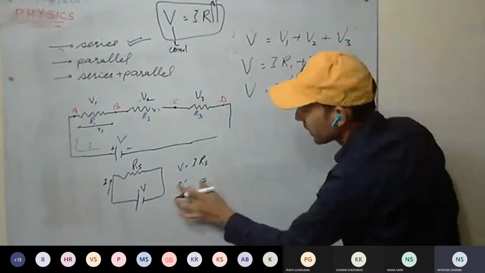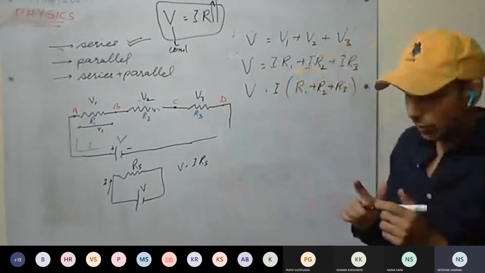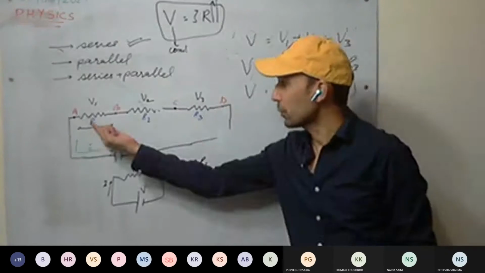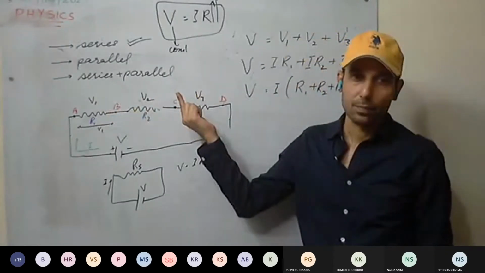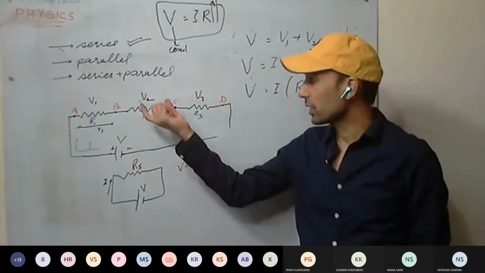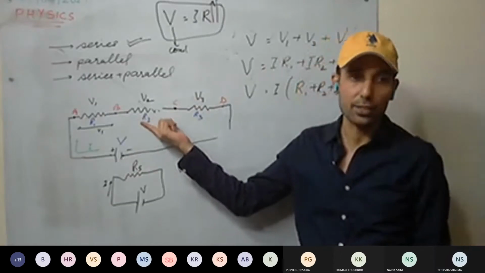See here what we are going to do. What will be the equivalent resistance offered in this circuit? What is the total resistance offered in this circuit? That we are calculating.